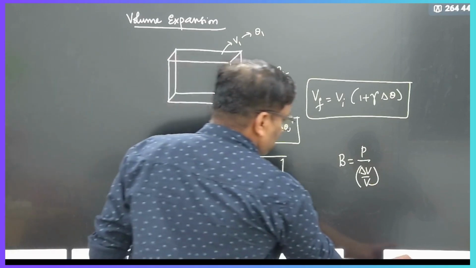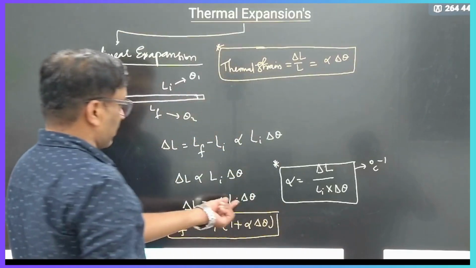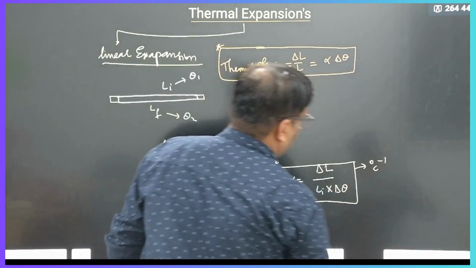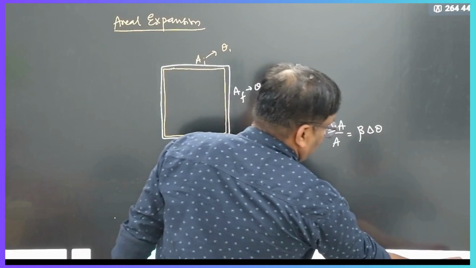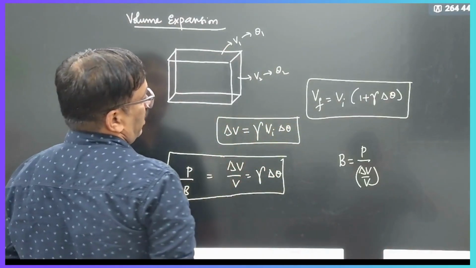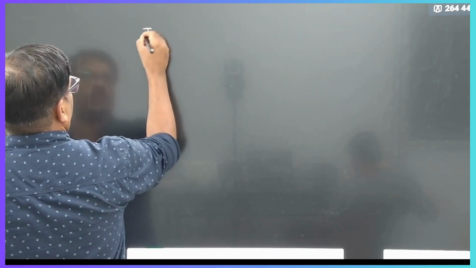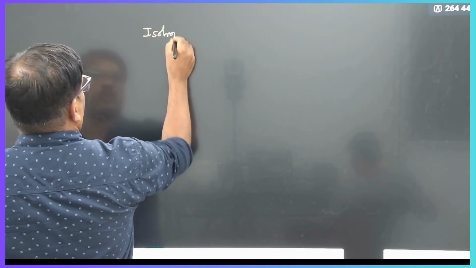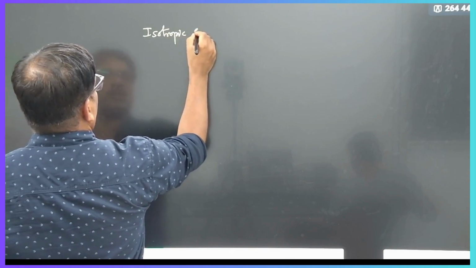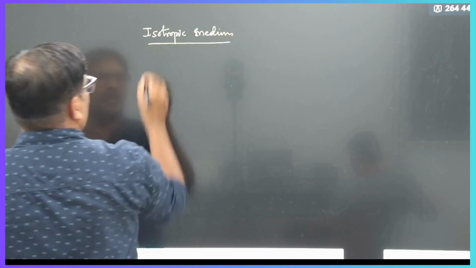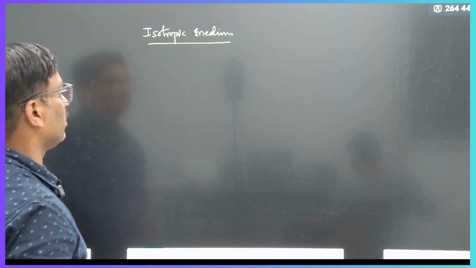Here alpha is the coefficient of linear expansion, beta the coefficient of areal expansion, and gamma the coefficient of volume expansion. What will be the relation between them? For an isotropic medium, that means the body expands uniformly in all directions.